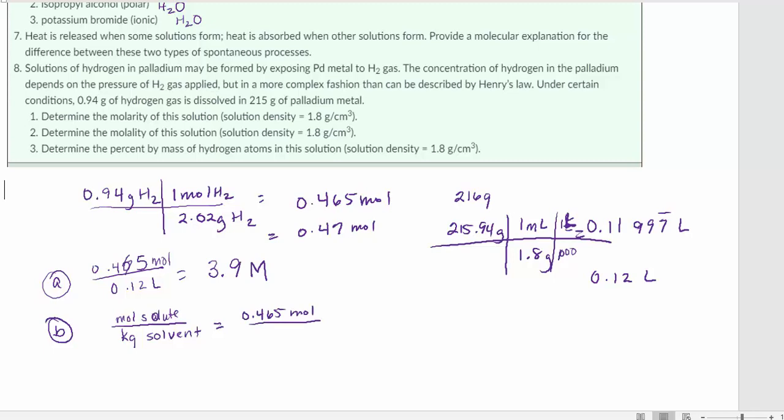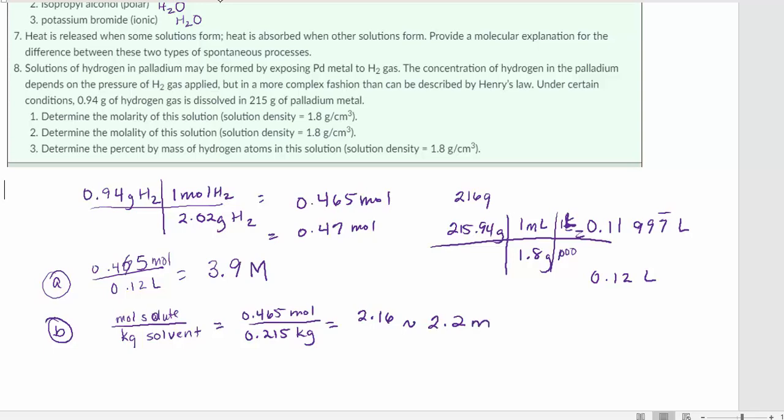Divide that by 1,000 and you get 0.215 kilograms of my solvent. So 0.465 divided by 0.215, you get 2.16 or so. And we're going to round that to 2 significant digits because our mass of solute, which we use to calculate our moles, is 2 significant digits. So we would report 2.2 lowercase m molal.